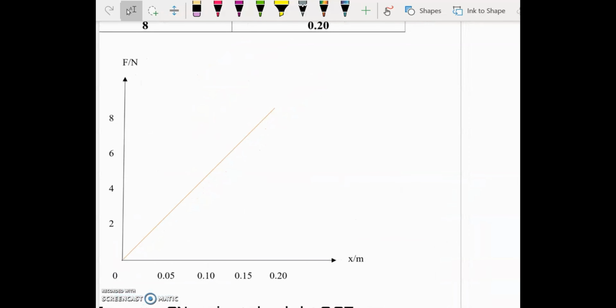So from this graph, if we want to find the gradient equation, which is y equals mx plus c, y here in this graph is represented by F. M, we don't know what m is yet, but it's going to be the gradient of the graph. X is represented by x, which is the extension of the spring, and c, which is the y-intercept, is 0 here. So F equals mx.